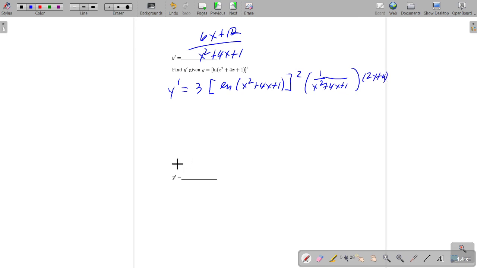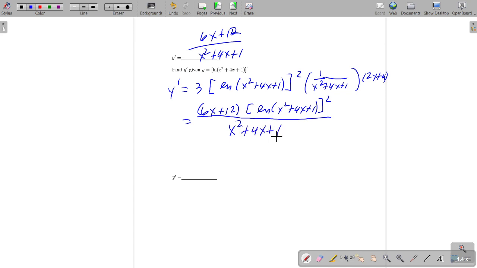So this one is going to be 6x plus 12. Then I would have the natural log of x squared plus 4x plus 1 squared all over x squared plus 4x plus 1.